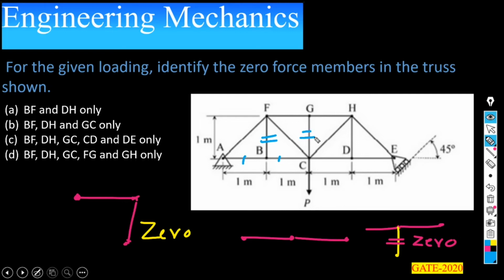Again, CD and DE are collinear members, HD is the zero force member. Again, you can observe here the support at E: the force from the support at E and HE are collinear members, and DE is the zero force member. Again, CD is the zero force member correspondingly. And option C would be my correct answer.